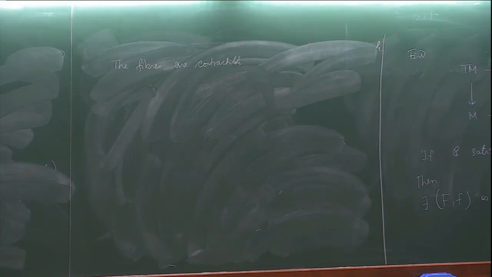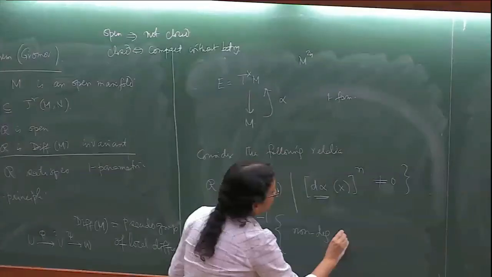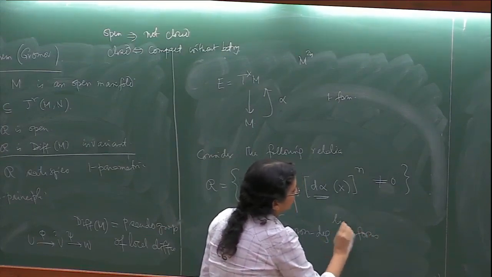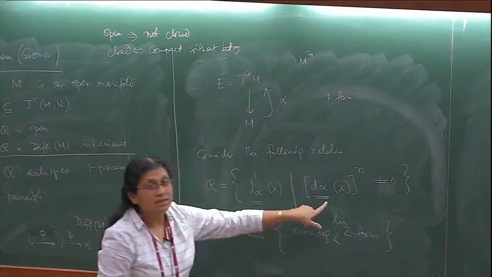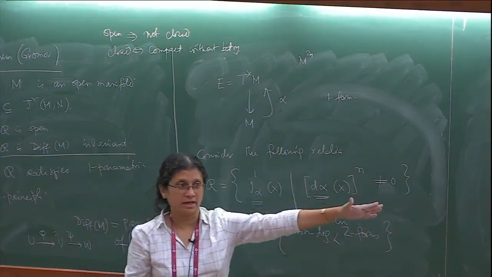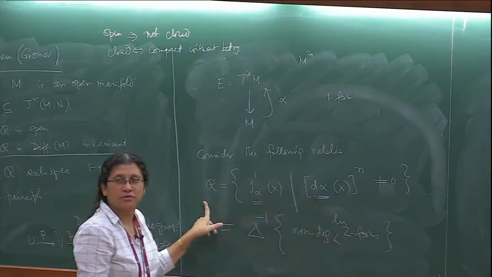Now come to this. I define R to be actually delta inverse of non-degenerate linear two forms. This is a non-degenerate form which is sitting inside lambda 2 T star M. And this is the inverse image of that.